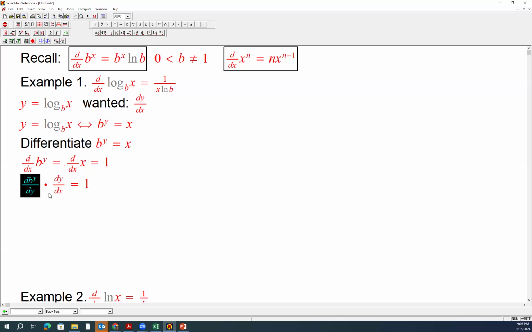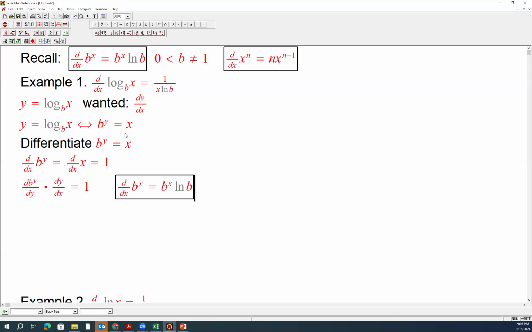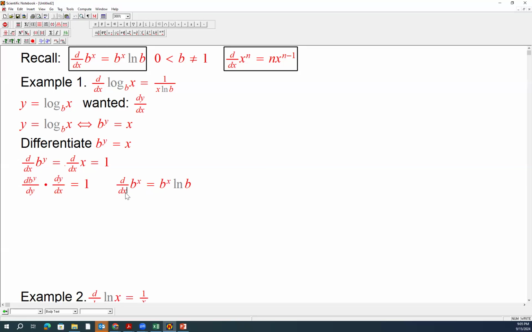For the first part, the derivative of b to the power of y with respect to y, we can apply this formula.